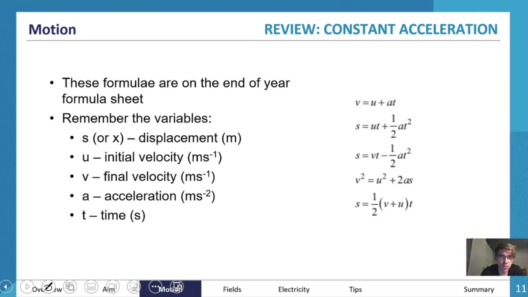Such as displacement is measured in meters, velocity, initial or final, is measured in meters per second. So U stands for initial velocity for those who don't know, and V stands for final velocity. A is acceleration in meters per second squared, and time is denoted as t, and it's measured in seconds.